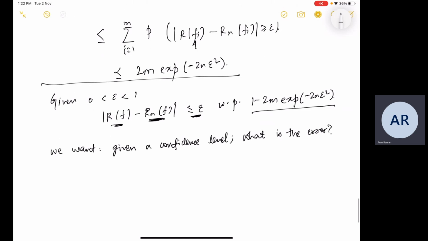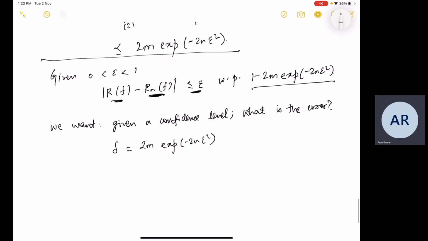Given confidence, what we are asking for can be easily found by equating delta to this quantity, and what we have is that epsilon is log 2m plus log 1 over delta divided by n.